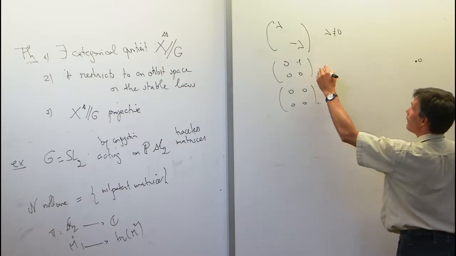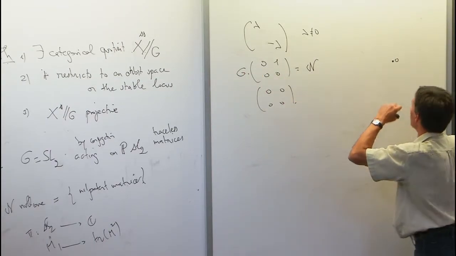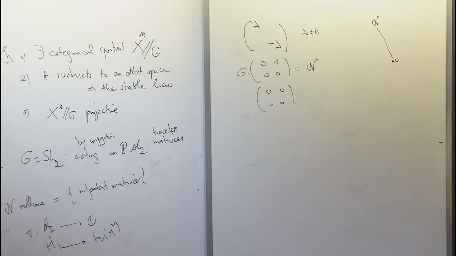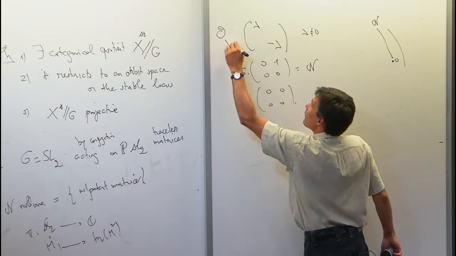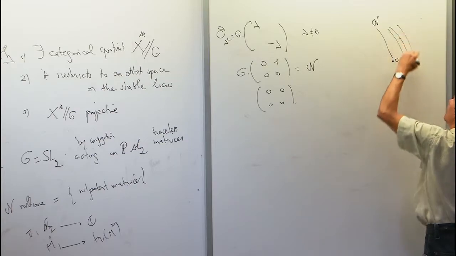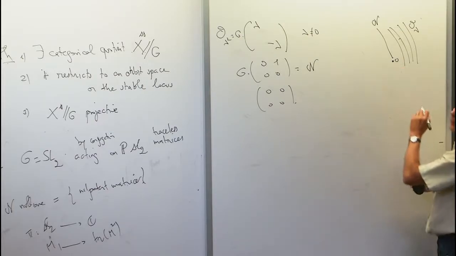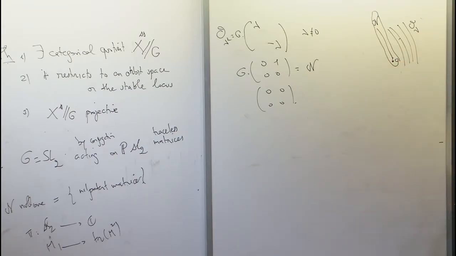Geometrically, you have zero, of course. Then you have the nilpotent cone, which is of dimension 2, and then you have all the other orbits. What you will throw away is this part, and then you have a well-behaved quotient.